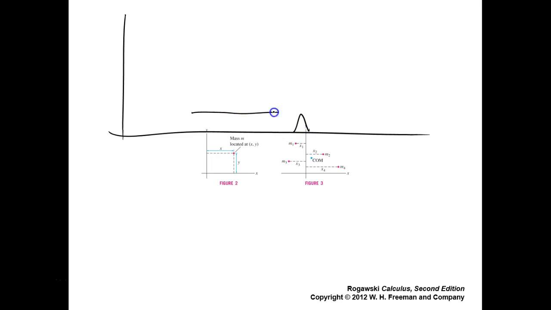There's the board. Here's the football player, big, heavy football player. Here's the ballerina here, okay? You get this concept, okay? She has a mass. He has a mass, okay? This distance is a distance d1, and this distance is distance d2, okay?